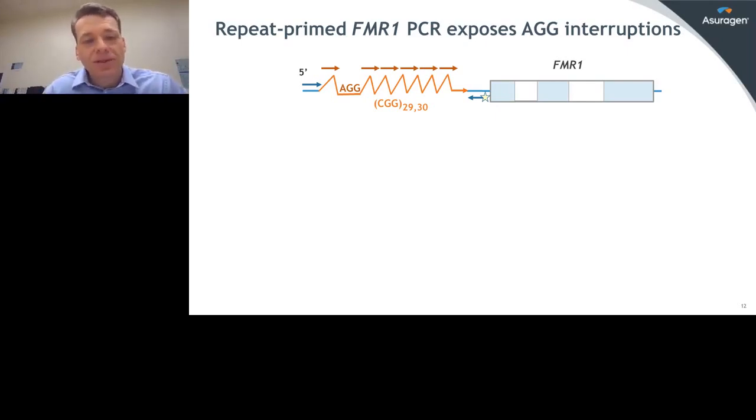And so in Fragile X, that sequence variation is AGG interruptions. And so these live within the repeat tract, and they act as stability anchors for expansion of the CGG repeat in the next generation. So they're important to identify because they add another dimension to the risk equation associated with expansion from mother to child.